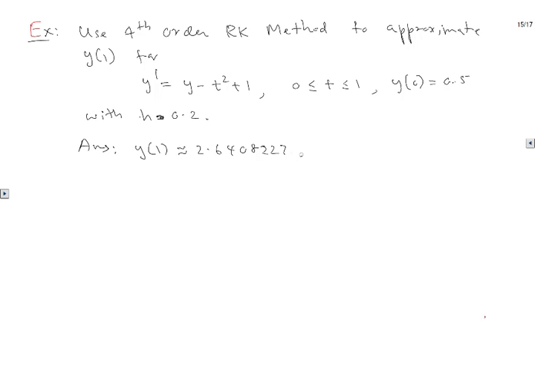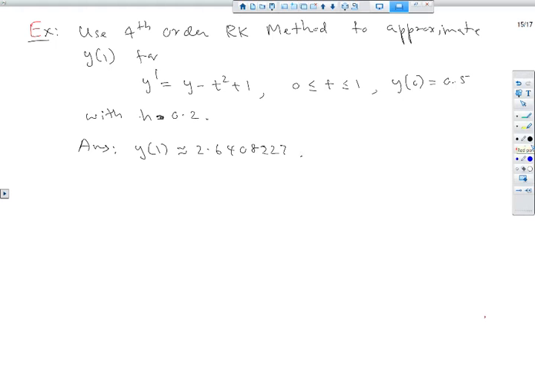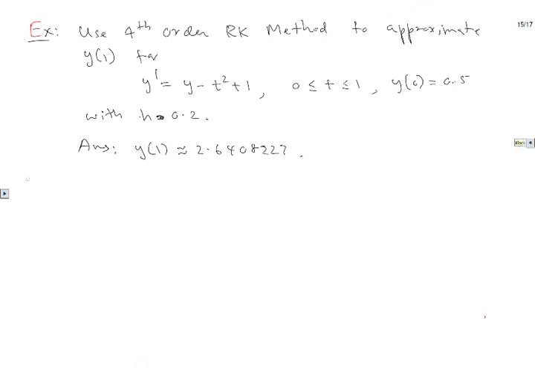Good. As the last thing that we discussed, what we actually use in software to calculate numerical solutions is what we call the adaptive methods. So let's talk about that. I'm going to give you this as a note.